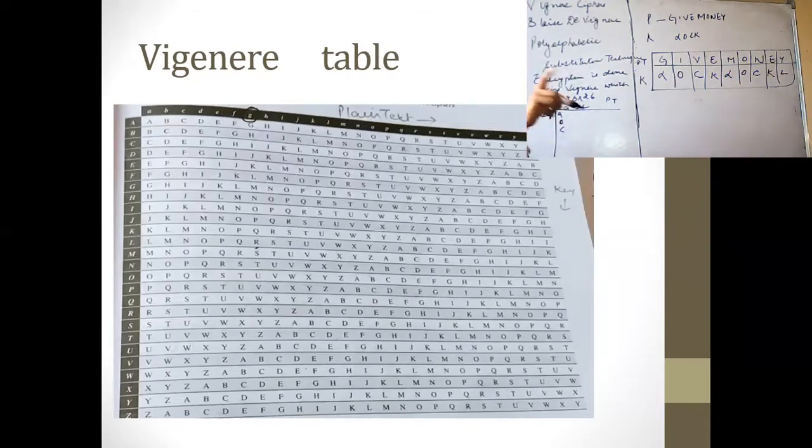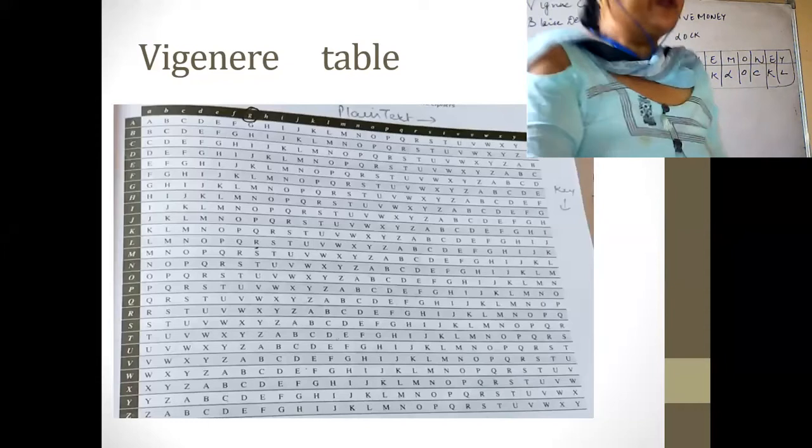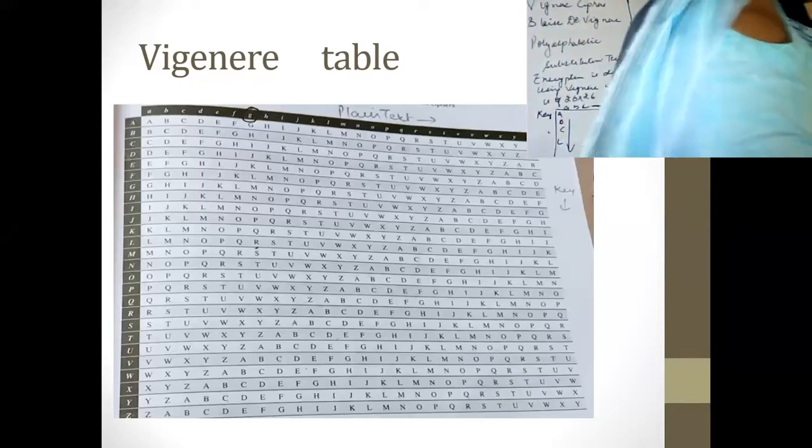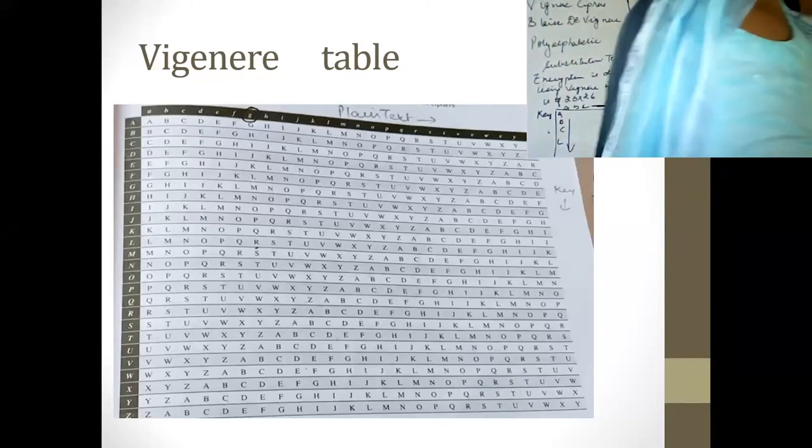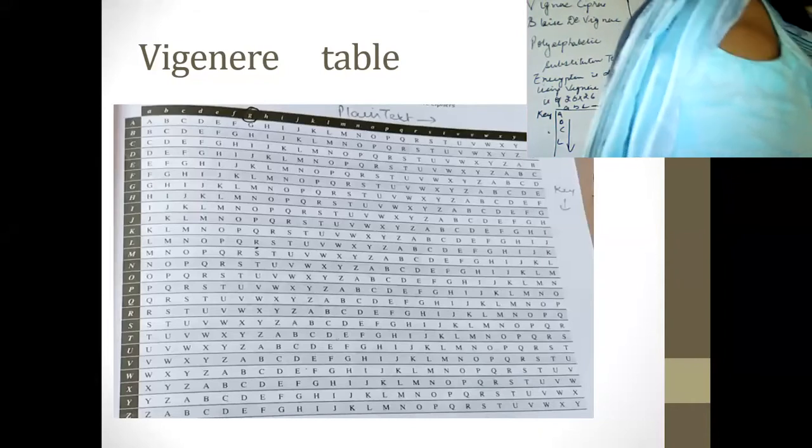Now corresponding to L, we have to see in this table where L lies, and corresponding to plain text you have to see in this line. You have to find the intersection of key and plain text. So the text is in front of you. So find the alphabet which is corresponding to L and your plain text G.